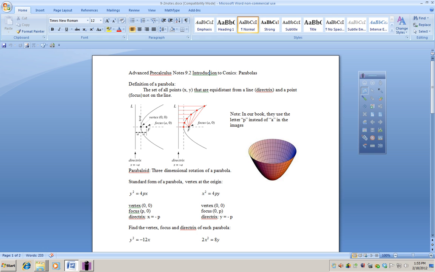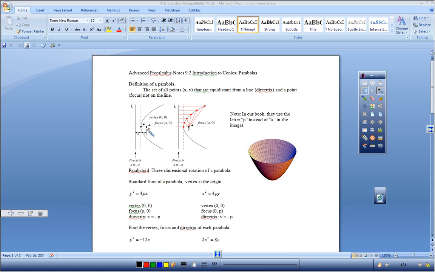So if you look at these two pictures here, this point right here is called the focus, and this is the directrix. So this distance from here to here, and the distance from here to here is the same.